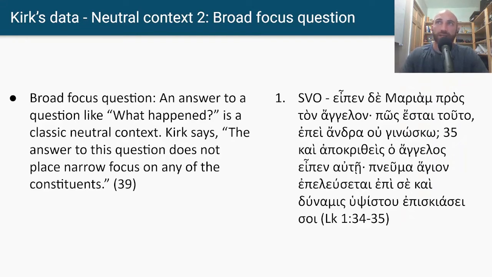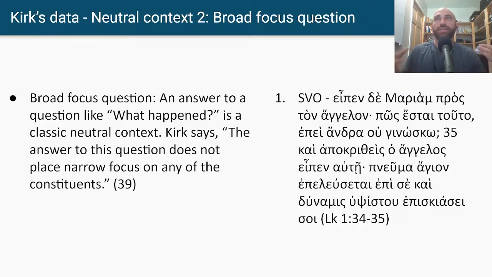It's in the context of when the angel comes to Mary, and Mary says, "Pos estai tuto." So she says, "How will this be?" That is the neutral question. She then says, "Epe andra u ginosco," since I don't know a man, sexually in this case.